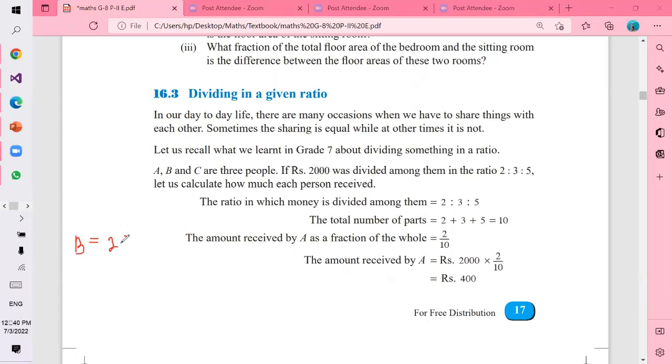So we have to multiply 2,000 by, Viara, what is the fraction? 3 over 10. Then we know how to simplify. Then 10 times 2, 200. 100 multiplied by 3 and it's 600. 600. Very good.